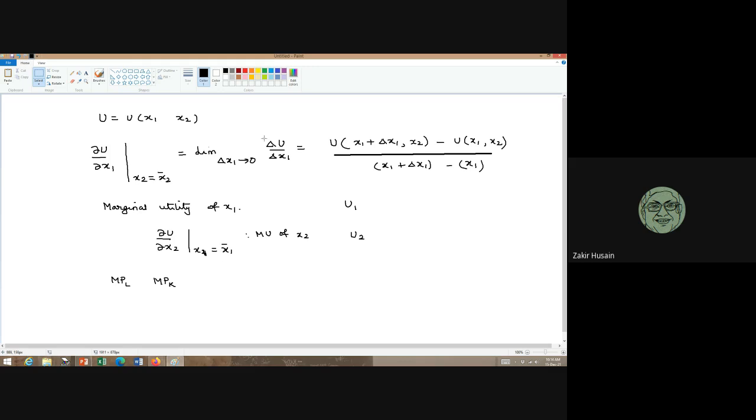Okay, I've written this in this way just to highlight the point. But when we write marginal utility or marginal product, we can simply write del U by del X1 is equal to U1. We don't have to put this. This part is not necessary. The meaning of partial is that this is held constant.